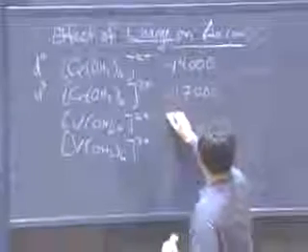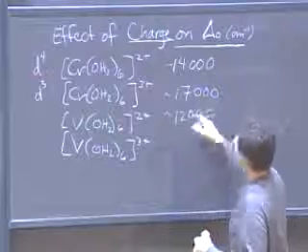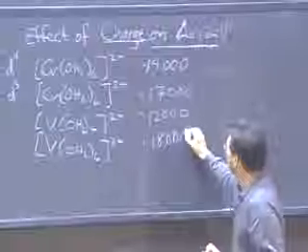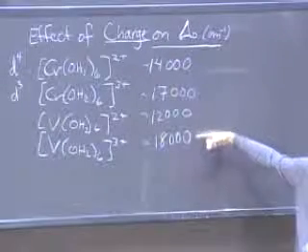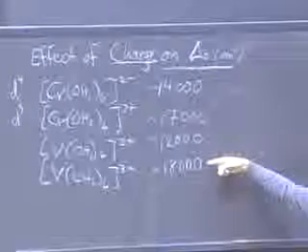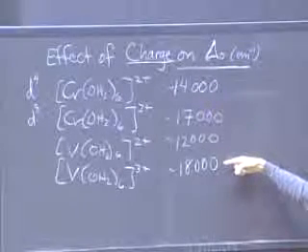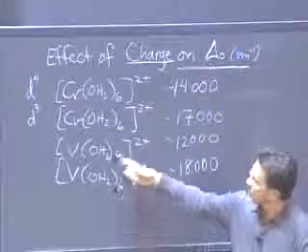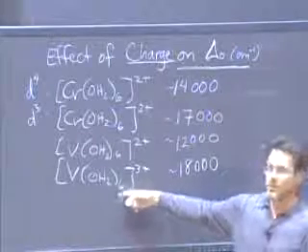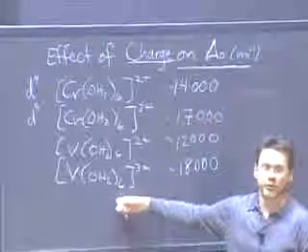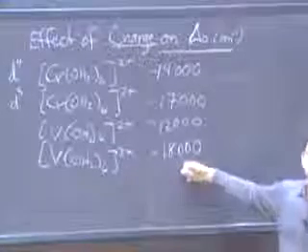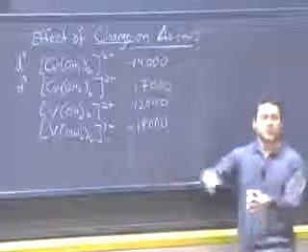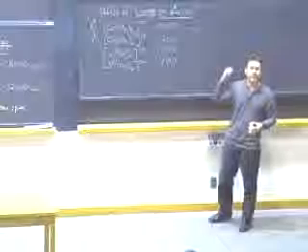Here we go from about 12,000 and then oxidize, and we get up to about 18,000, an even larger increase in delta O on going from the 2+ to the 3+ oxidation state. In the notes you'll find another example based on cobalt. If you go from cobalt 2 to cobalt 3 hexaaquo, you go from about 9,000 up to 18,000 reciprocal centimeters, almost doubling delta O by removing one electron from the system.